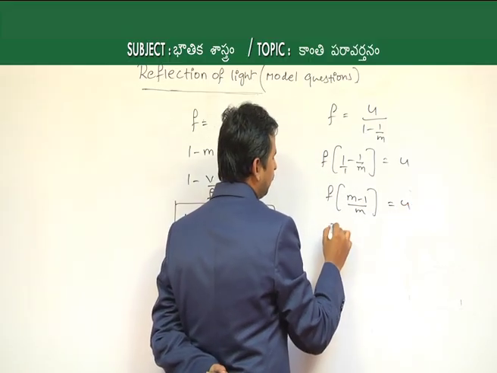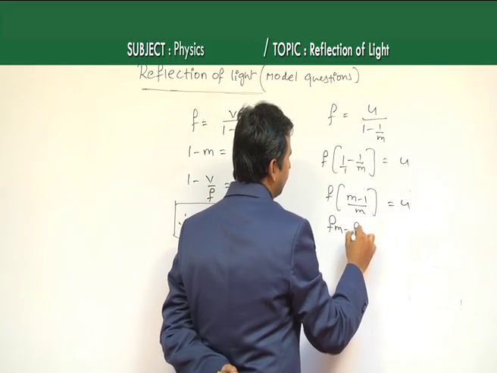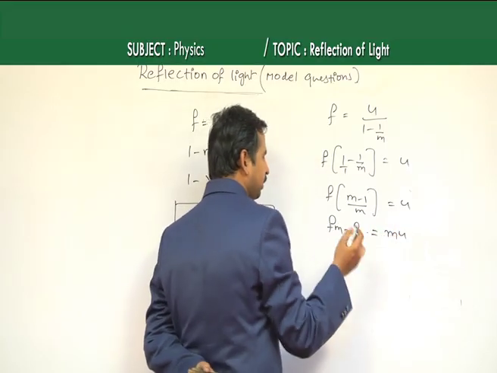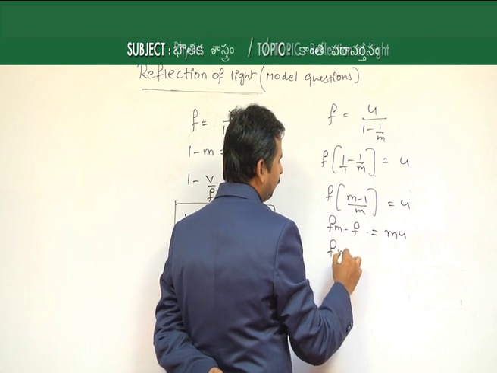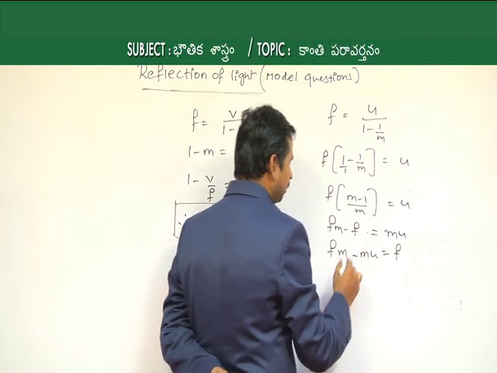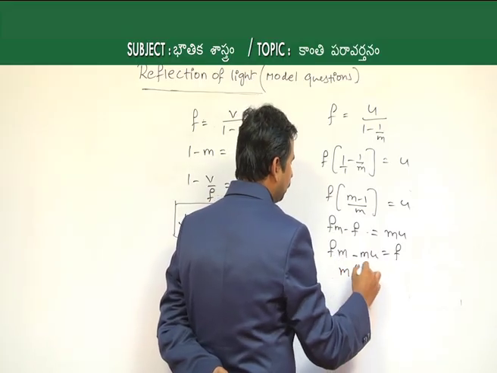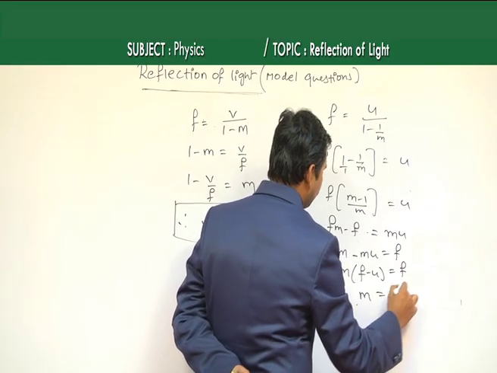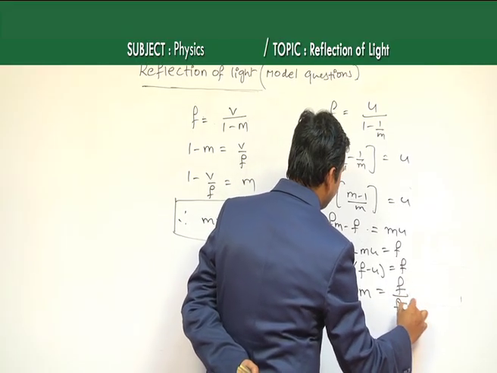Then if you multiply, f into m minus f is equal to mu. Bring that mu this side and f that side, then f of m minus mu is equal to f. If you take m common, then m of (f minus u) is equal to f, so finally m is equal to f by f minus u.